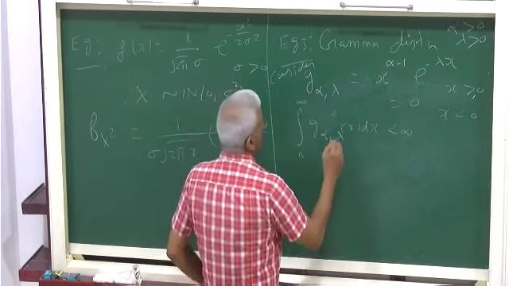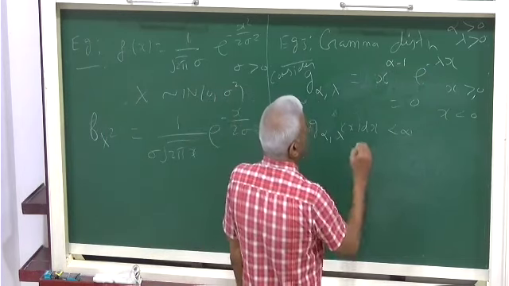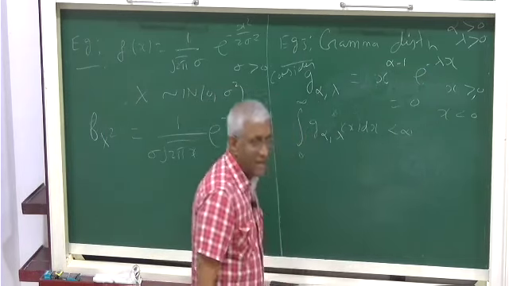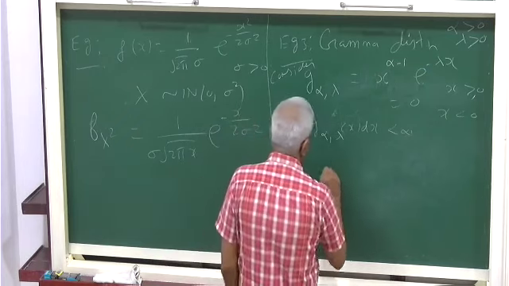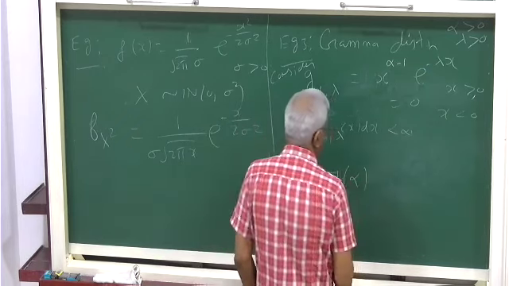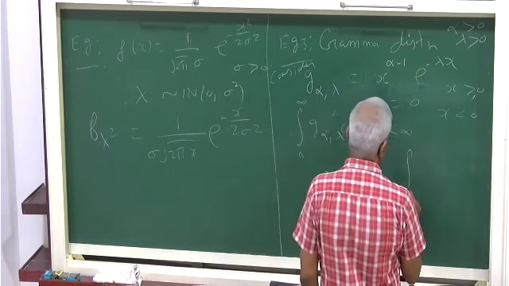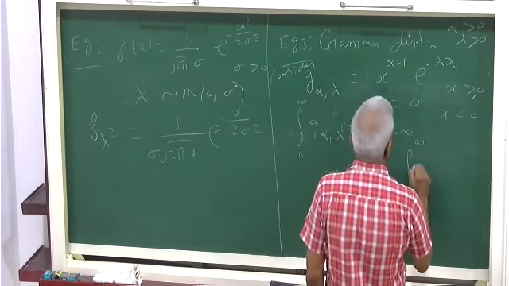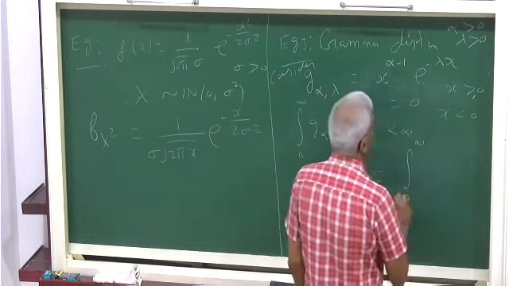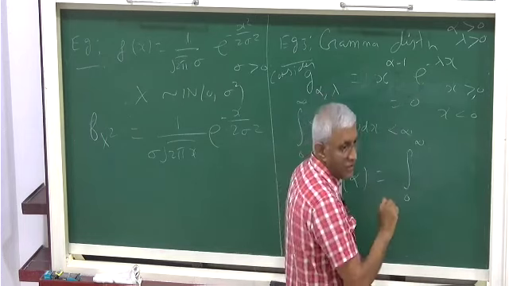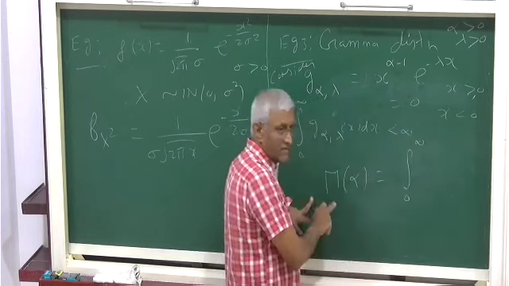Okay. So I define this gamma of alpha equal to, no, lambda we will take it out. This is what is called the gamma function.